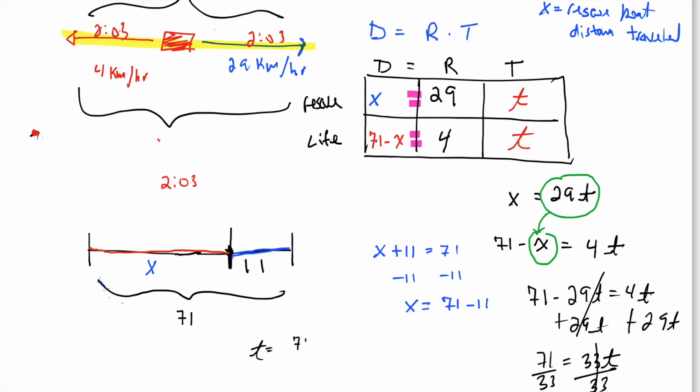But if you do that, you're not going to exactly get your minutes, so then you got to deal with the minutes because they made this problem a little more difficult. Wait, I punched it wrong. 71 over 33. Okay, cool.